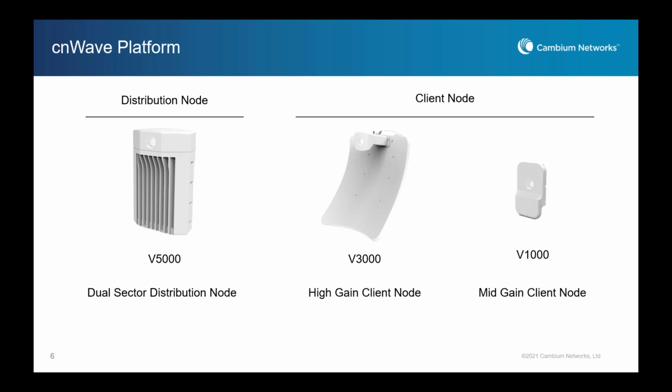But if you're just looking for a basic rule of thumb, I usually say that if you're going to have a V5000 to V5000, so like these meshing nodes, we're talking about 200 to 300 meters. And also, if you're going to connect a V1000 to a V5000, we're going to talk about 200 meters. And then if you're going to talk a V3000 as a client, you can go out to about 500 meters to 600 meters.